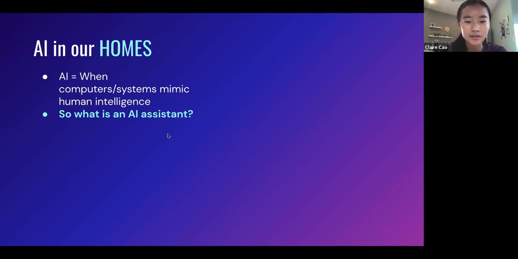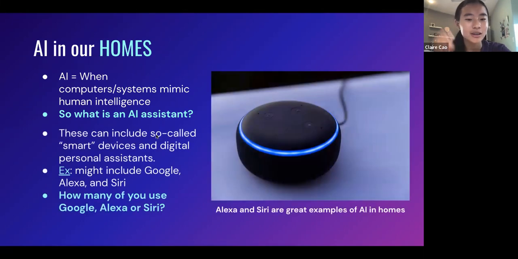Okay, you all gave some great examples. An AI assistant can include so-called smart devices and digital personal assistants. We're thinking Google, Alexa, Siri: hey Google, hey Alexa, hey Siri. How many of you use Google, Alexa, or Siri? Oh, wait, hold on. My Siri just responded to me saying Siri. But raise your hand or type in the chat if you've ever used Google, Alexa, or Siri.